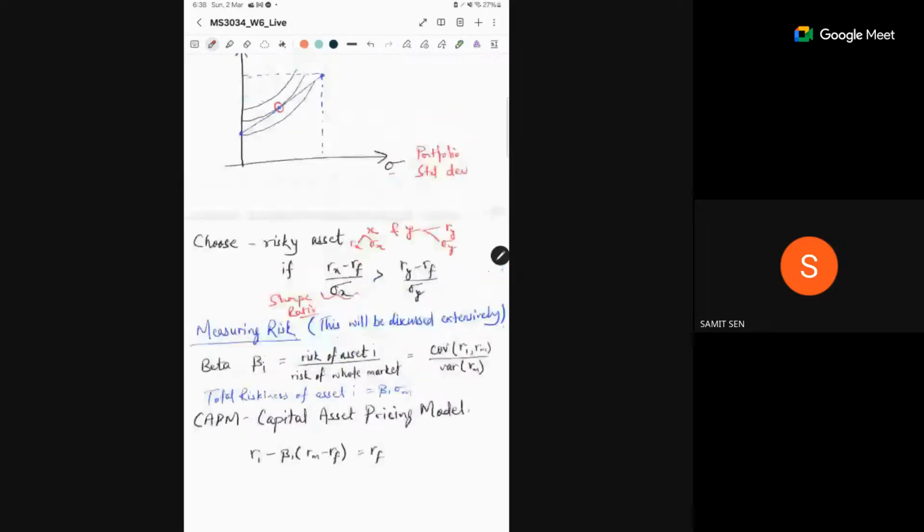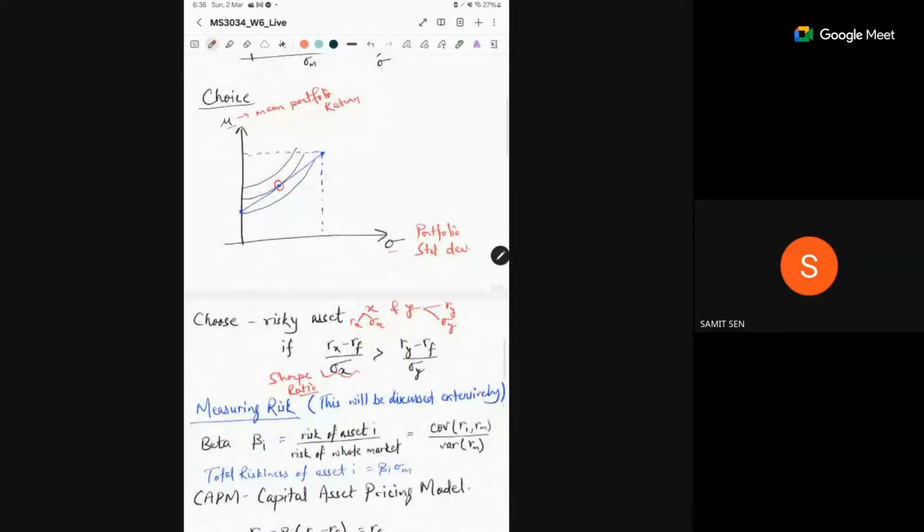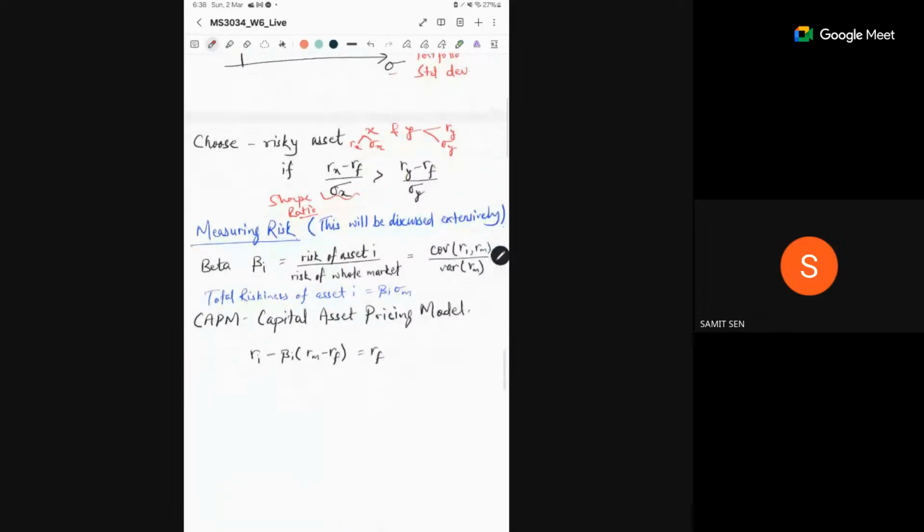Now, as we discussed earlier, a rational individual would prefer a higher average return, a higher mean return, and less risk. This risk can be measured in many forms, and the simplest one is the standard deviation. We take standard deviation as a measure of risk because it gives the variation in that particular asset's return.